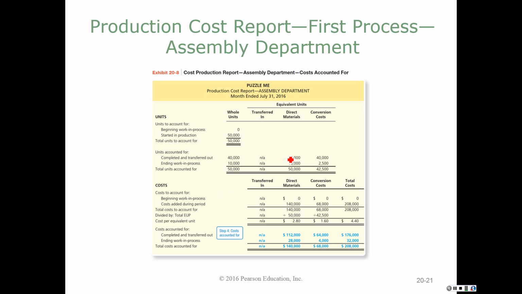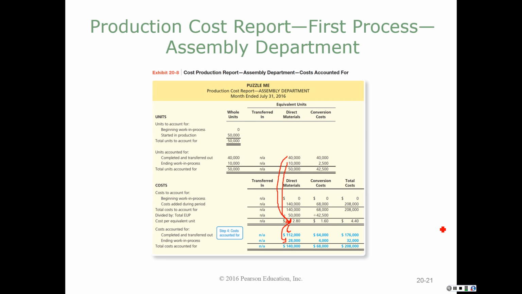If we have 40,000 units completed, then 40,000 times $2.80 per unit will give us the cost of those goods that have been completed. This is the cost for materials that needs to move into the next process. The 10,000 that are still in process, 10,000 times $2.80, is the cost that needs to stay in the assembly department for work in process.